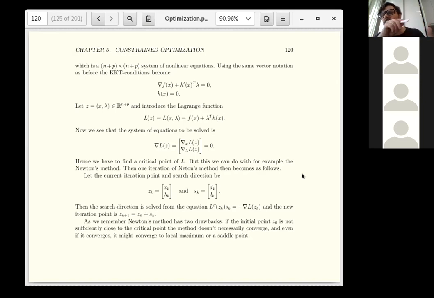A special case that is easy to solve is to think of a parabola, and let's say that f of x is equal to the distance from some particular point. Now my x is a two-dimensional vector, so my h is actually h of x and y, and in this case h is x squared minus y, because the admissible points are where y is equal to x squared, the points on a parabola.